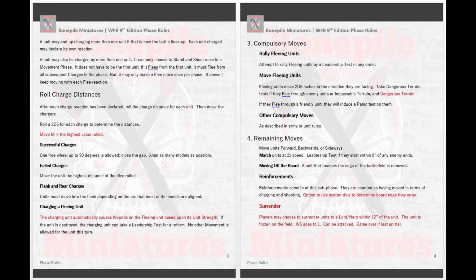Next is the compulsory moves, and looks like rallying fleeing units is the same, but there is a little change under fleeing units. Typically, under the 8th edition rules, units do not have to take dangerous terrain checks when fleeing through dangerous terrain. They only take checks when they are moving through impassable terrain.